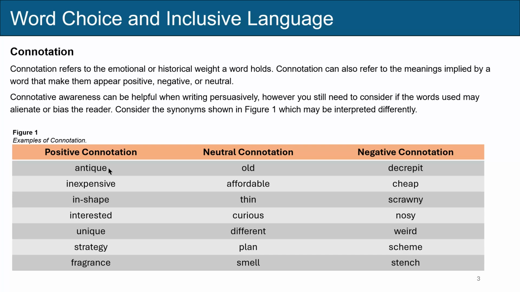If I say that something that is old is an antique, that gives it a very positive, trendy sort of vibe. If I say that I want to buy things that are affordable, that's pretty neutral because what is affordable for you might be different than what's affordable for me, but it's talking about here how we want to make sure it fits into whatever budget I have.